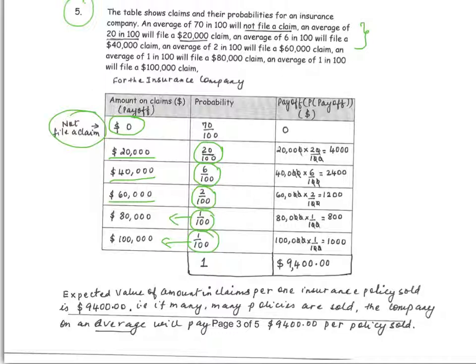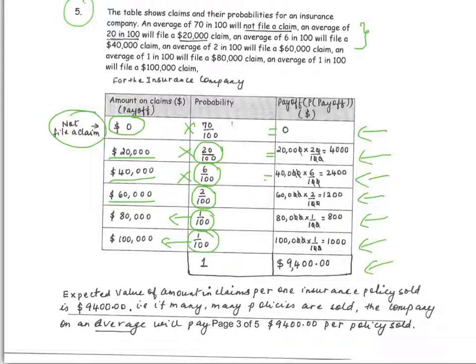So payoff times the probability of the payoff. The first column times the second column is equal to 0. So we do exactly the same type of calculations: payoff times probability of payoff for each one of the rows, or each one of the possibilities.